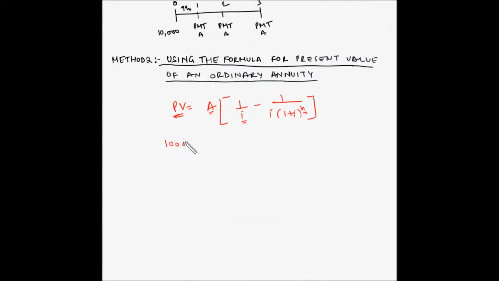So 10,000 is equal to A into 1 divided by 0.09 minus 1 divided by 0.09 into 1.09 to the power n, and n here is 3. Now let's calculate this bracket.